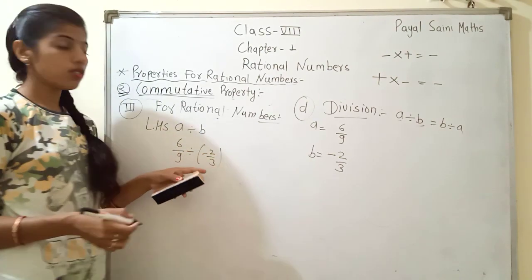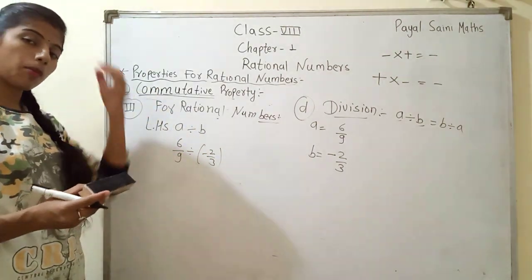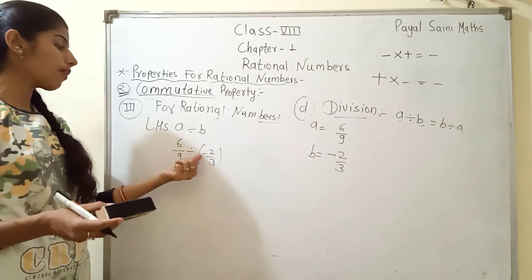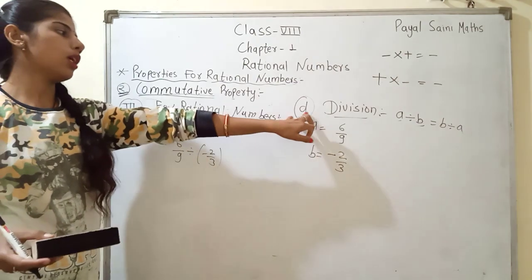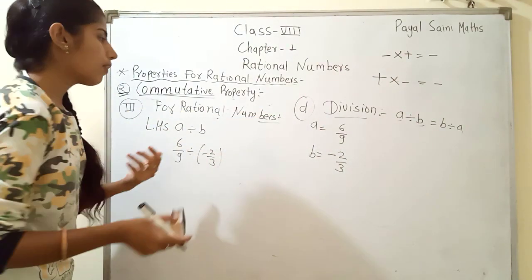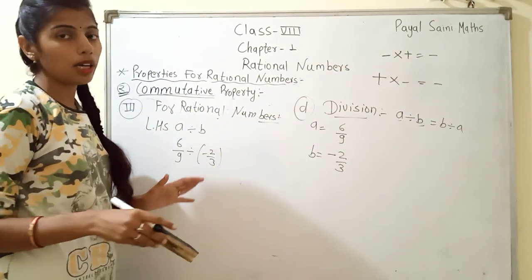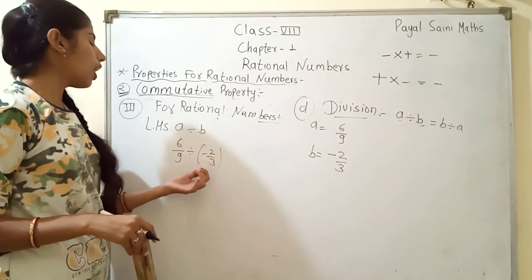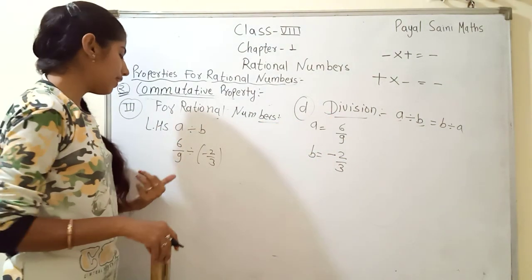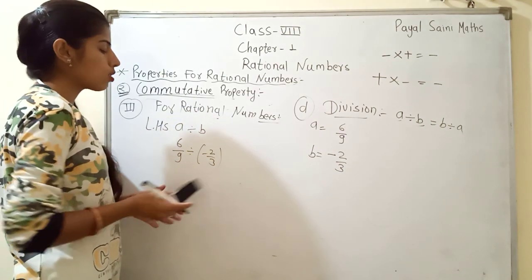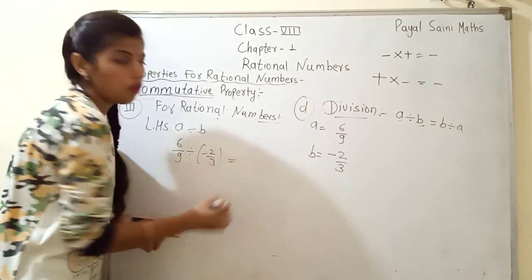You can also see here that your division and multiplication operations are a revision. Before this, in point C, we did multiplication fully, and in this video, in point D, division, we again do division of rational numbers.